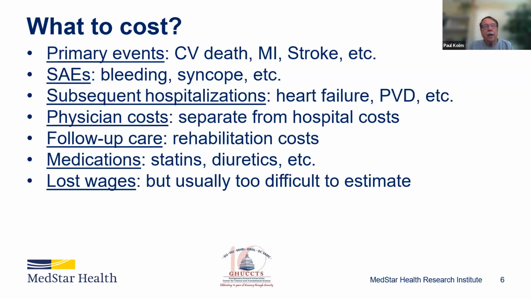And then another cost issue is lost wages, but in the past that's not really been looked at too much because it's very difficult to estimate. Although more recently, some people have started to look at that, so we might see more of that for cost effectiveness studies in the future.